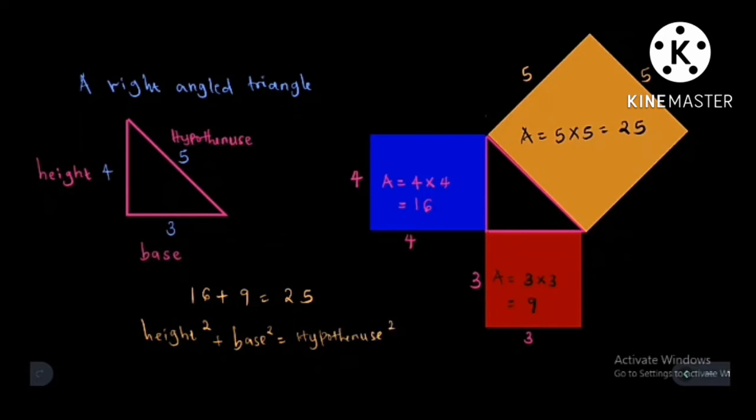So we will be using letters to abbreviate each of these sides. For the height, we will use a small h. For the base, we will use a small b, and for the hypotenuse, we will use a capital H. So writing this as a statement, h squared plus b squared will be equal to capital H squared.